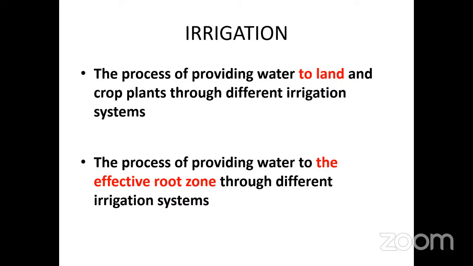But precisely nowadays, we say that irrigation, especially for any crop or avocado fruit trees, is providing water to the effective root zone of the tree or of any crop you are planting.